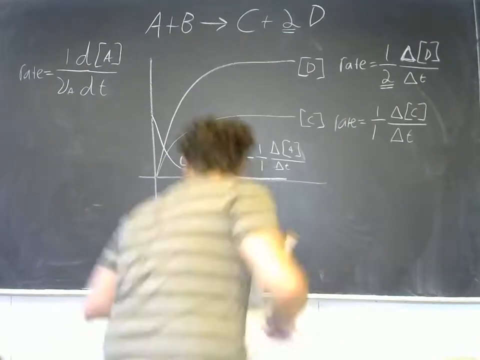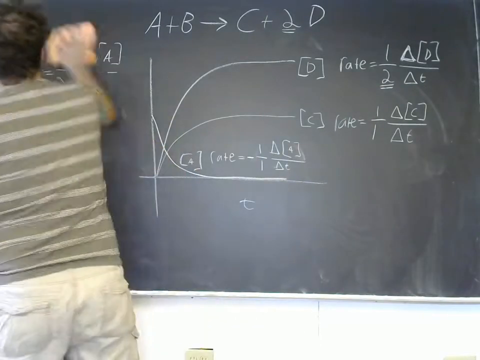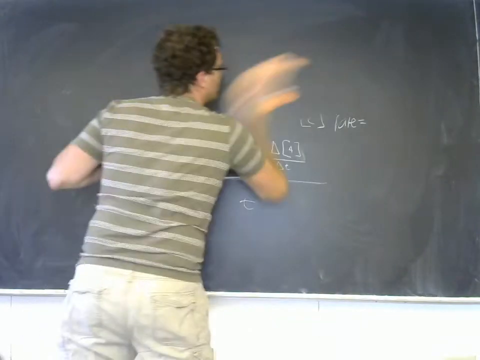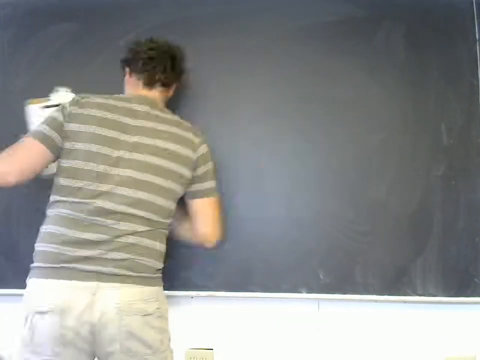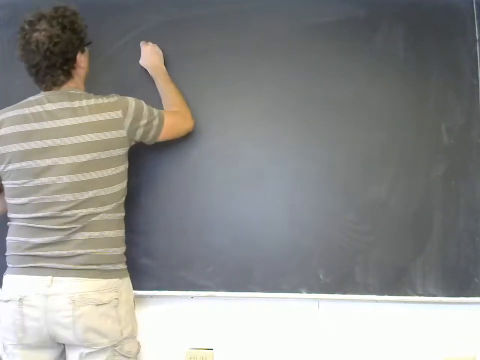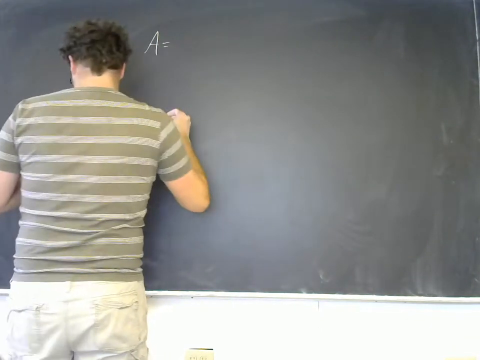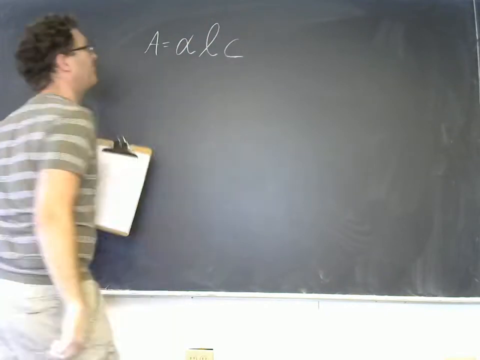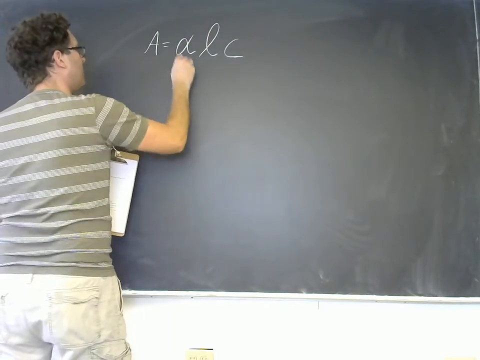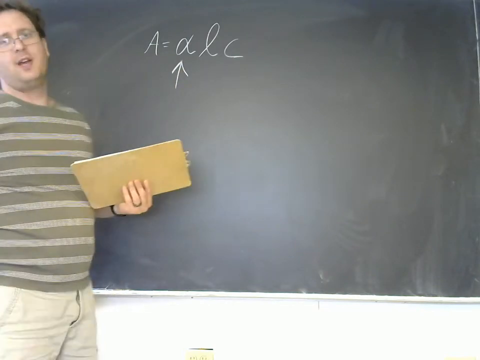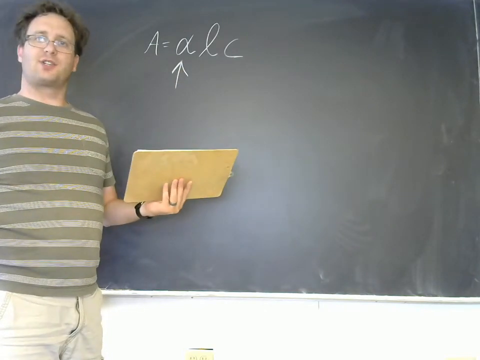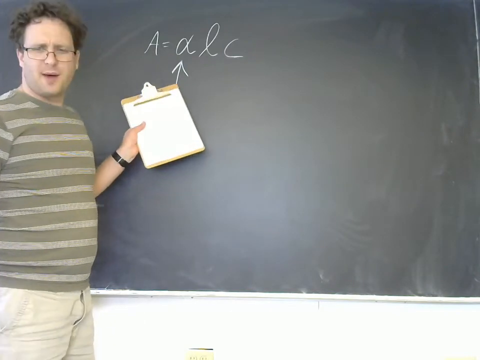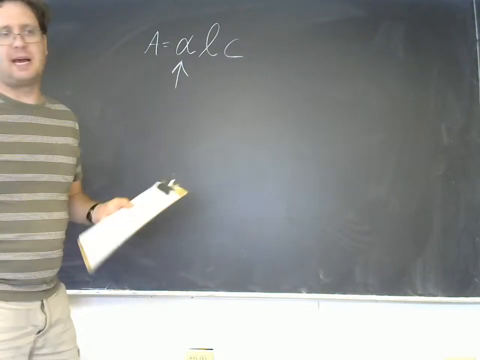There we go. Okay, Beer's law says that the absorbance is equal to alpha L C. Alpha is a coefficient that is unique to each colored solute, and so you'll just look that up or measure it with standard samples or something.